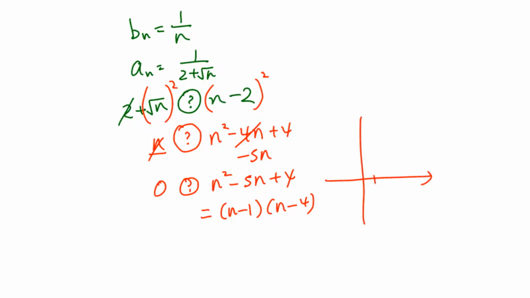It's 1 and 4, an upward opening parabola, so it looks something like this. When n is greater than or equal to 4, we can say the right hand side is greater.